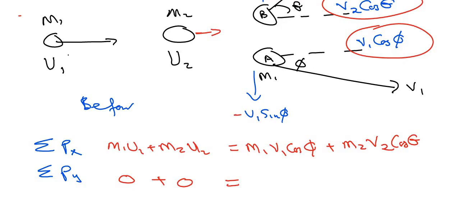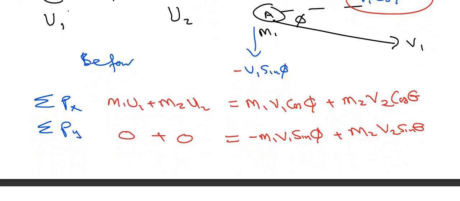This velocity is pointing down. So we'll say negative m1 v1 sine phi, plus this other guy here, m2, which is pointing up, so that's v2 sine theta. This is basically what we have. These are the 2 equations that we use whenever it's in 2 dimensions and it's elastic.